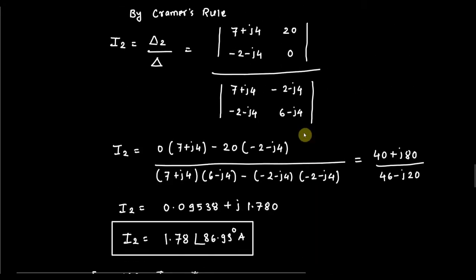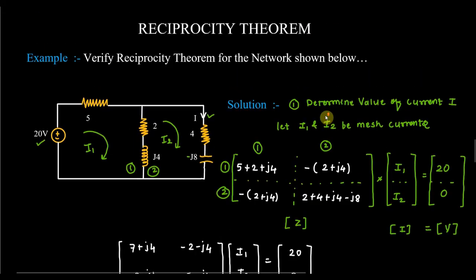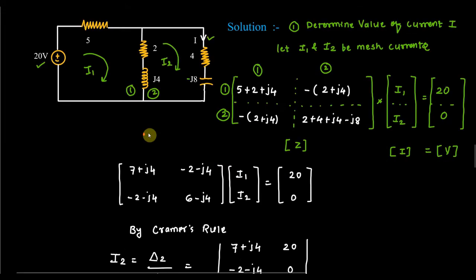So to verify the reciprocity theorem for the given network, we have found this current. Now what is our second step in the reciprocity theorem? We will interchange the position of this current I and this 20 volt source.